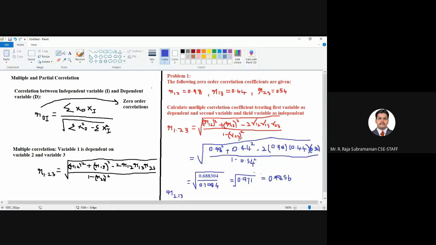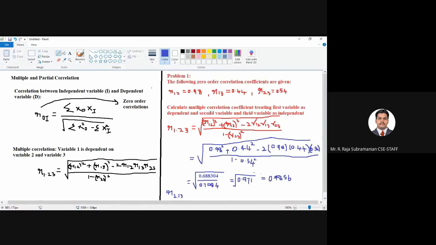And one more thing I want to add here: the correlation between 1 and 2 and the correlation between 2 and 1, R12 and R21, both are the same, right? So here R21 is needed, so you can directly take R21, R23 and so on.